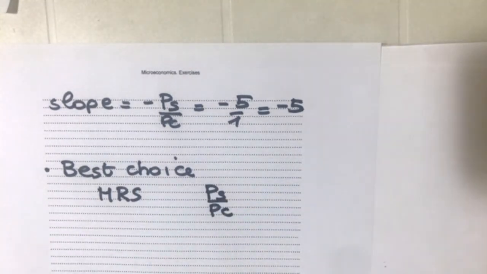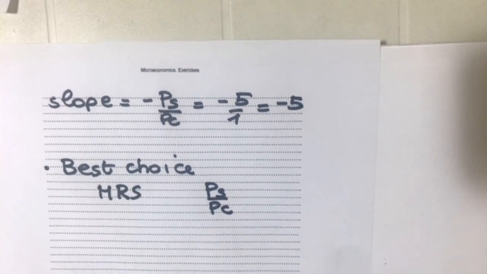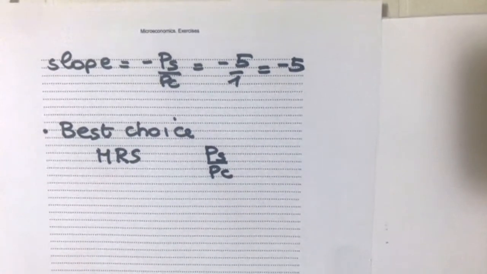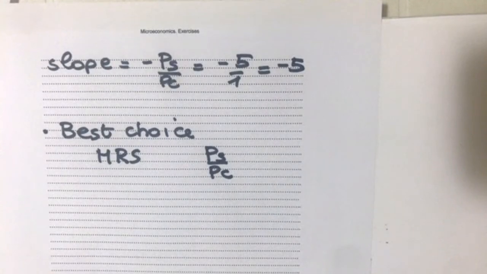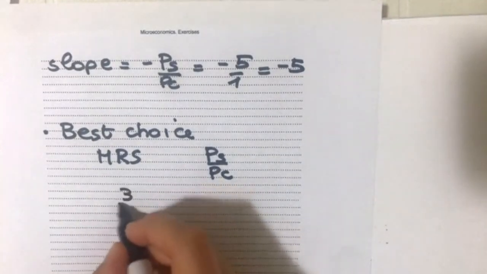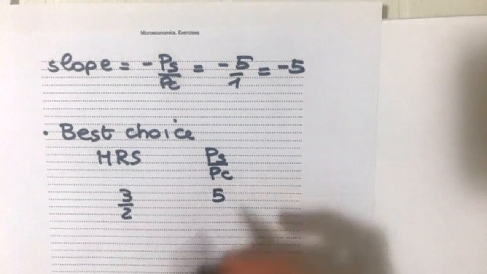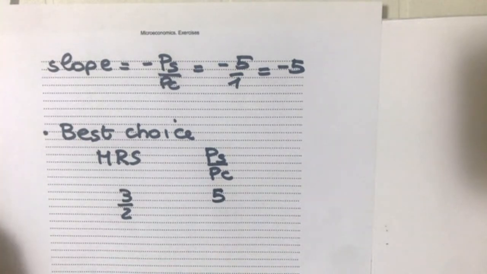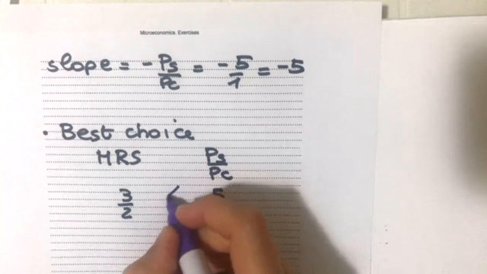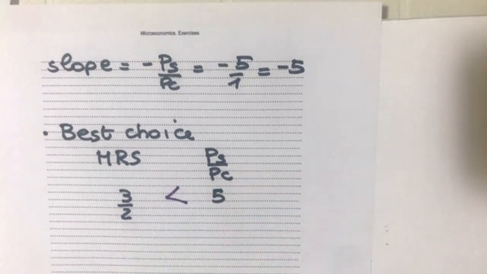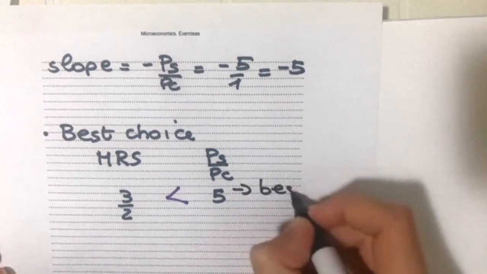So when you have perfect substitutes and you need to find the best choice, you always compare the marginal rate of substitution with the price ratio. In our case, we have 3 over 2, and here we have 5. So it is easy to see that here you should put this sign, because 3 over 2 is less than 5.